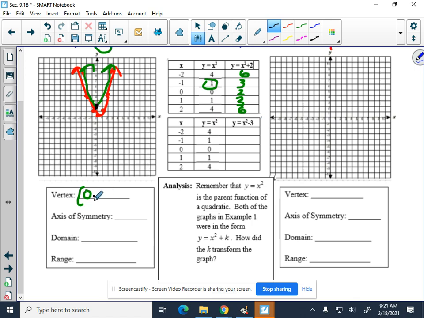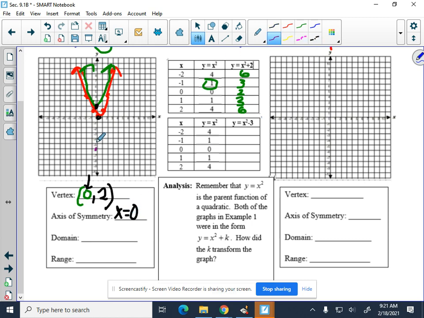Our vertex is 0, 2. The vertex on this original graph was 0, 0, but that's not the one we want. We want the new graph, 0, 2. So that's this dot. Our axis of symmetry always matches the x. So x equals 0. Now again, what is the axis of symmetry?